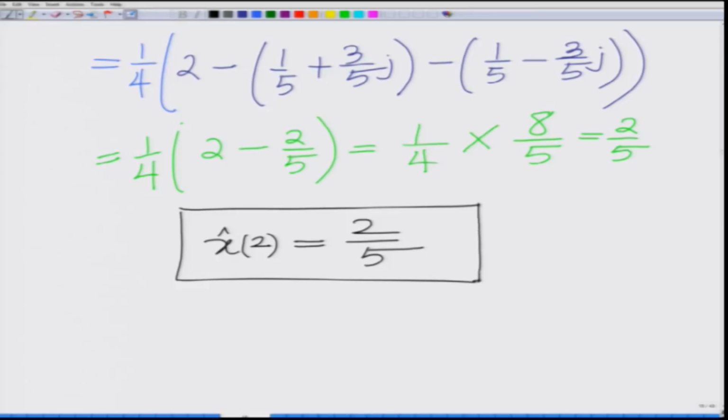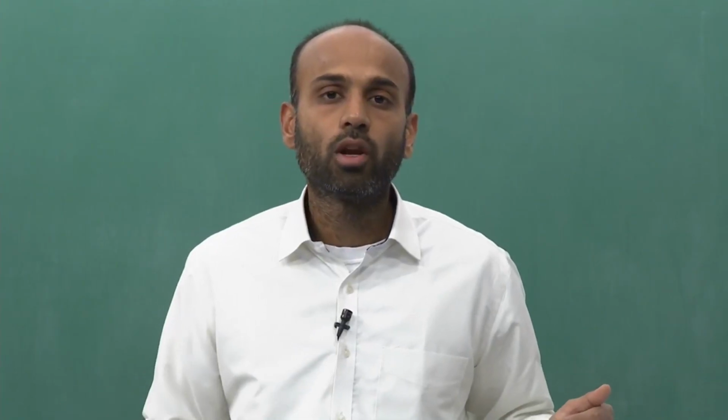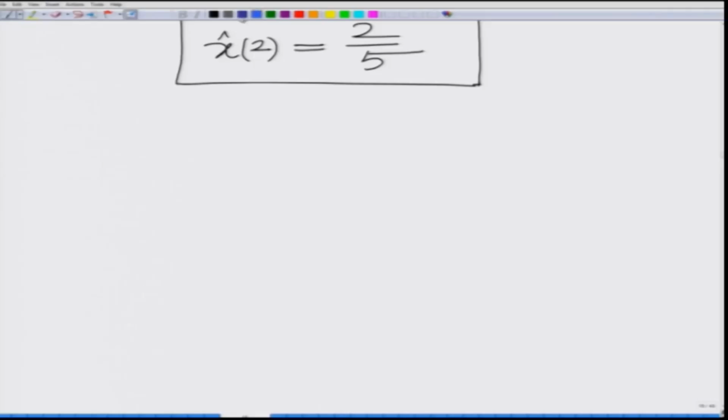So far we have computed small x hat of 0, small x hat of 1 and small x hat of 2, and now all that remains is to compute small x hat of 3, and that can also be computed similarly. Let us just complete that.